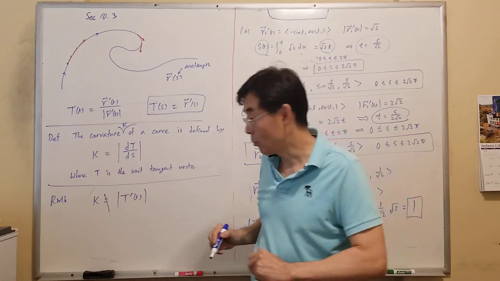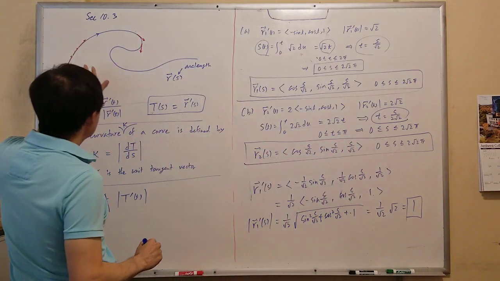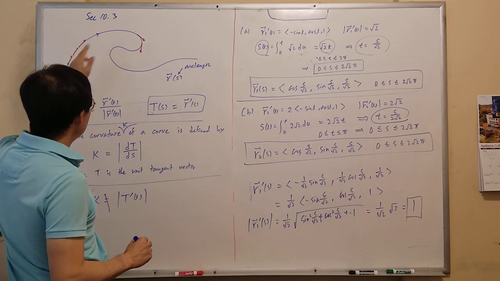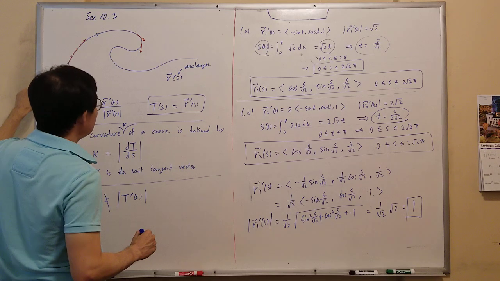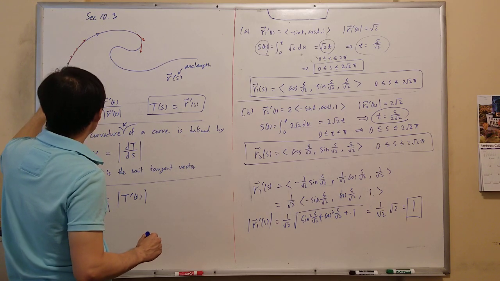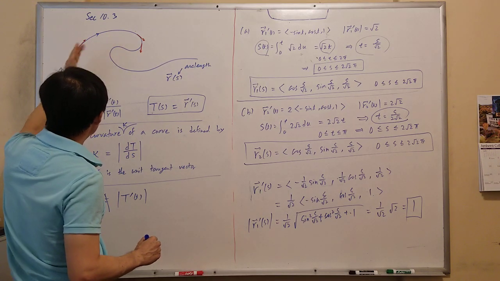What can happen is, let's say you go through this part really fast. It took just 0.1 second from here to here.